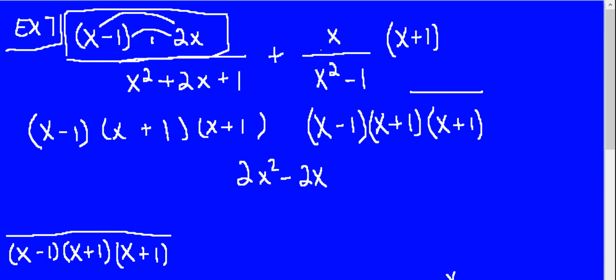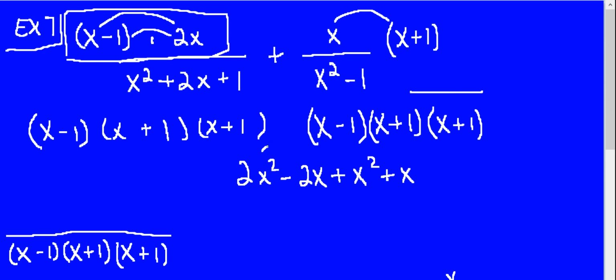And then I'm going to have over here plus what? I'll multiply this x times the x plus 1. Distributive property gives me x squared plus x. And next is the only thing left to do, which is combine your like terms.